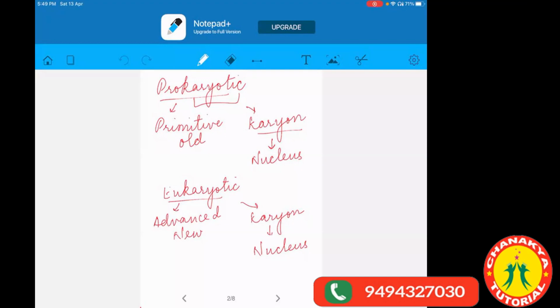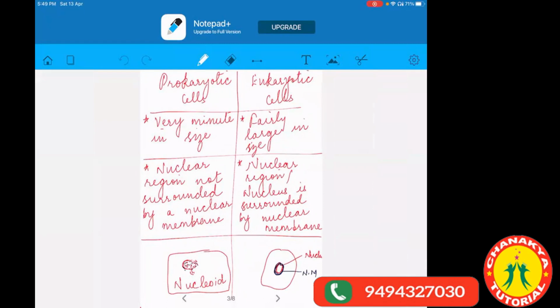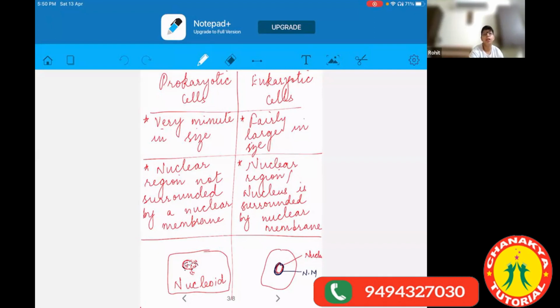I'm done. Okay, next page. Ma'am, I'm done noting all the points down of the differences.